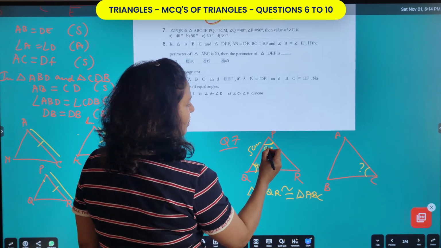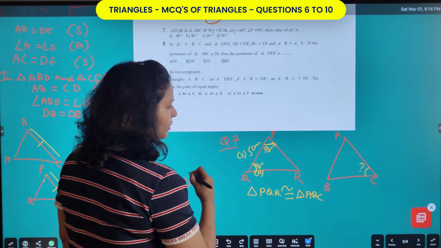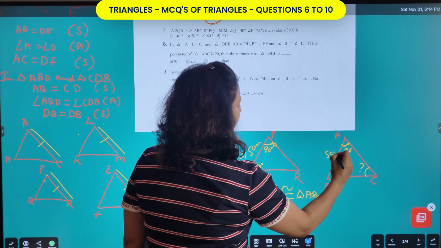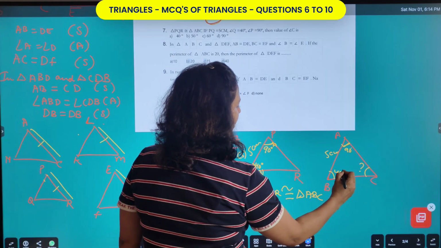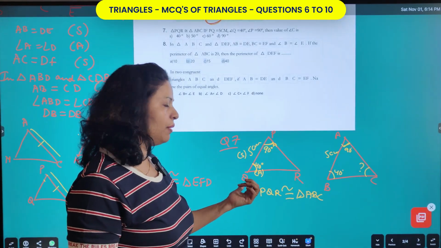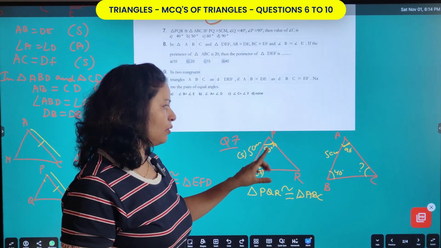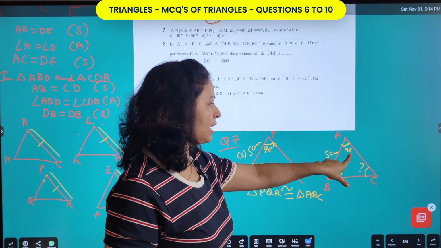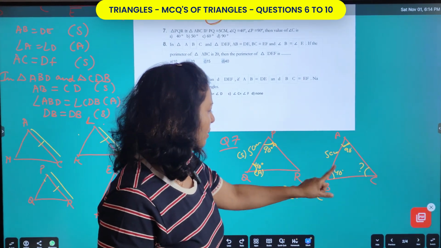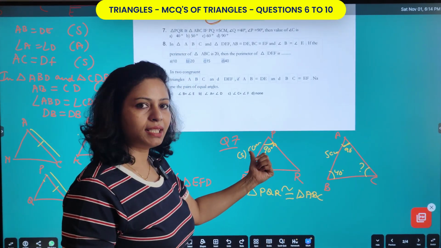So if they are congruent by ASA, this is a side and these are the angles. We can say this is 90 degrees, this is 5 centimeter and this is 40 degrees. If they are congruent by ASA, the corresponding angles: this angle will become 90 degrees because it corresponds to angle P, and angle B becomes 40. And this side we keep as 5 centimeter as the corresponding side of PQ.